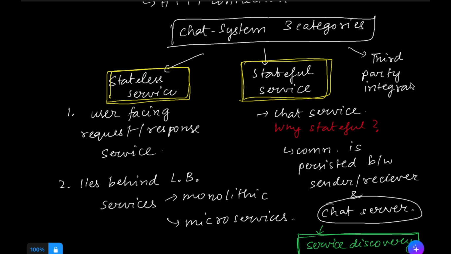This is basically the notification services which we have seen, and you can read more about it, or watch the playlist on designing a notification system to dive deep into how a notification system works. The link for the playlist will be provided in the description box. So these are the 3 categories in which we can divide our chat system.